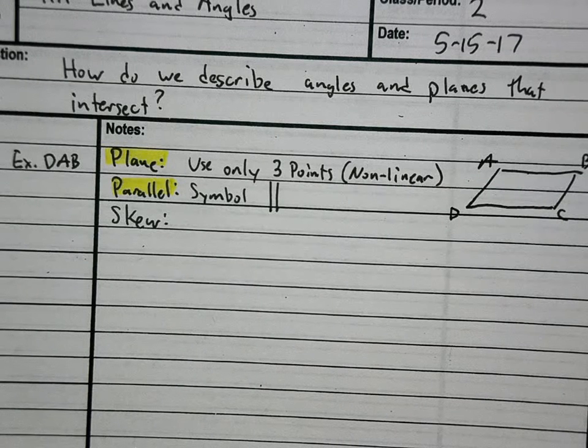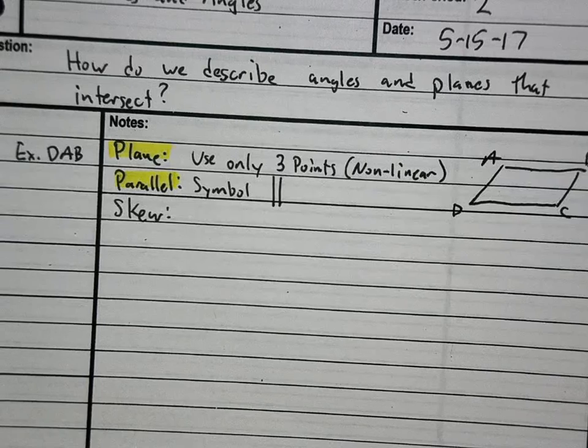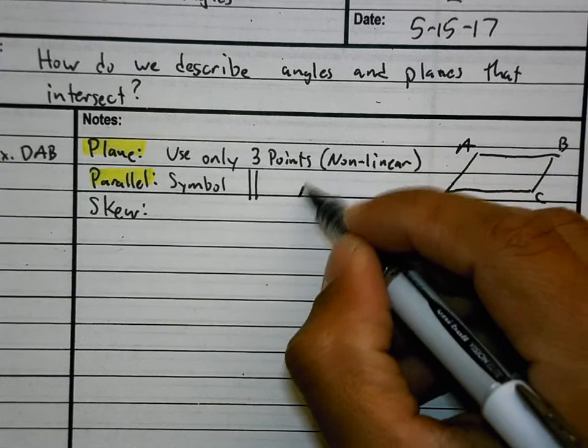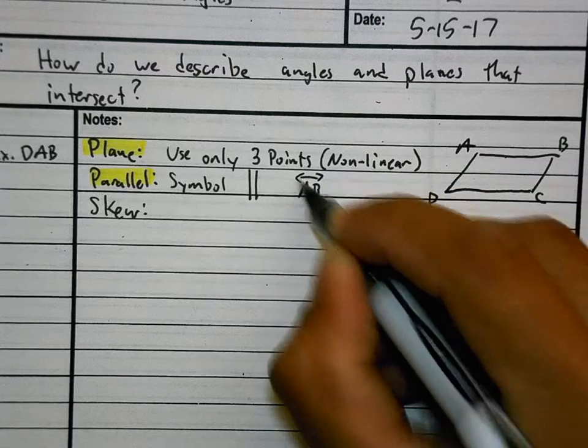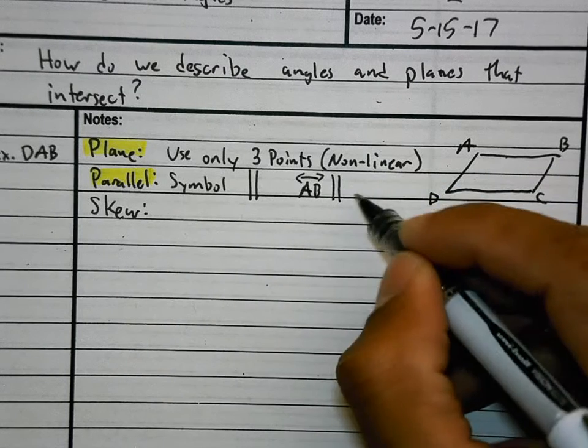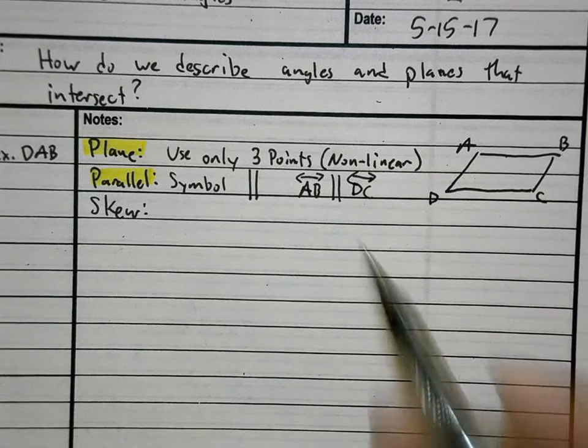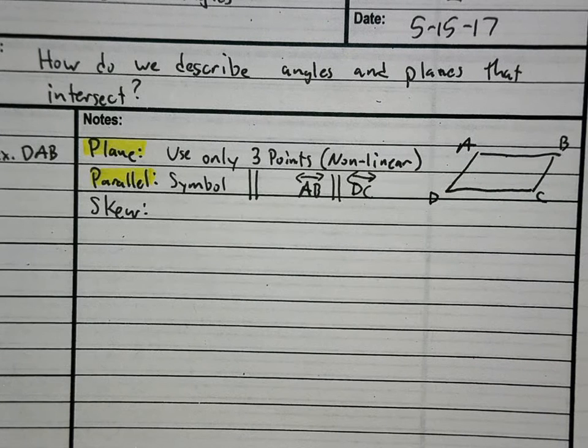Those two are parallel to each other. The third row of lights is parallel to the second and to the first row of lights. The way they're going to show this on the worksheet looks like this: line AB is parallel to line DC. And there are little line bars on top of the letters because they're lines, because they go on forever and ever and ever.